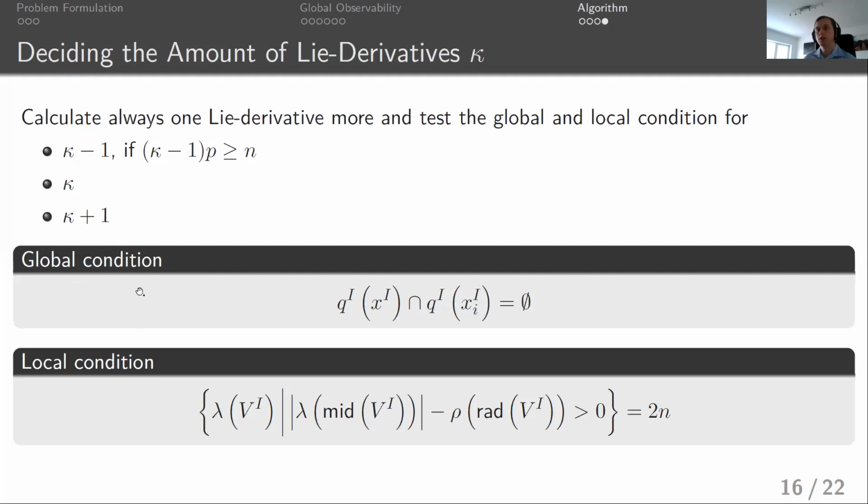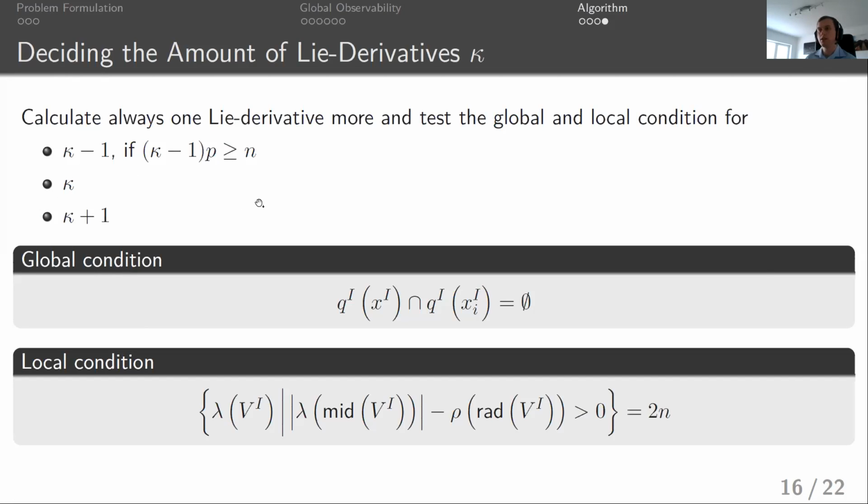If one of these conditions is fulfilled for kappa minus 1, then the algorithm decreases the amount of Lie derivatives. And if these conditions are only fulfilled for kappa plus 1 or none of these, the algorithm increases the amount of Lie derivatives. Therefore, the algorithm can adjust the amount of Lie derivatives necessary dynamically.